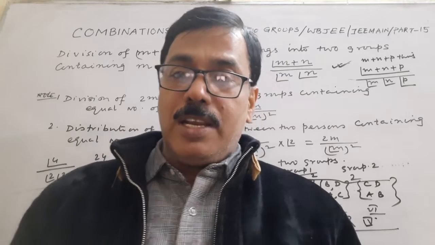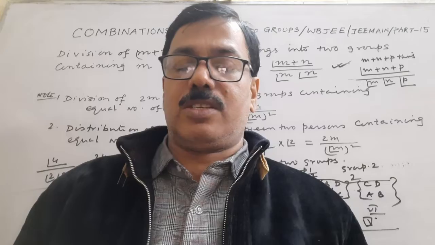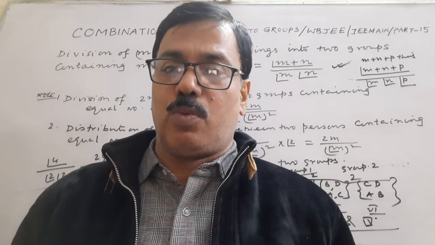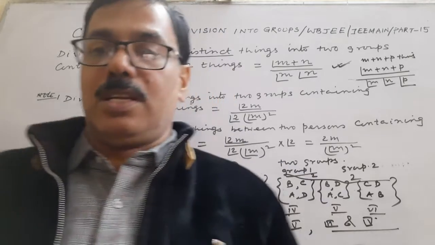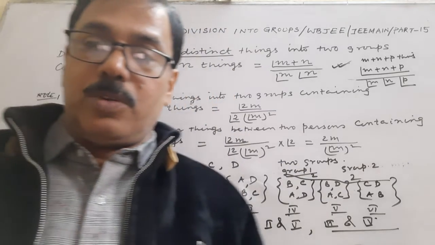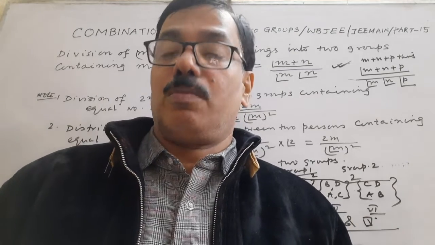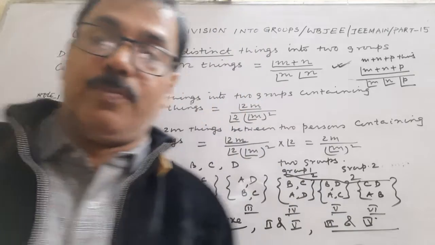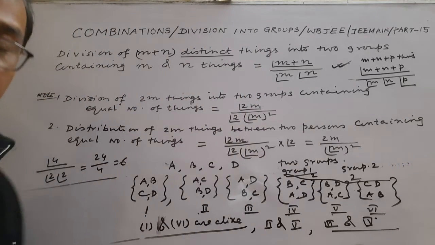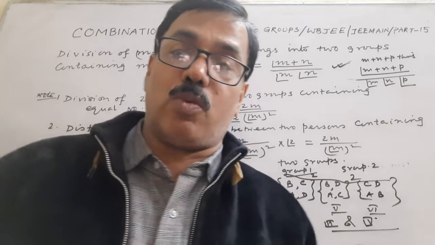Similarly, if we divide different things into 3 groups containing equal number of things, then factorial 3 number of groups are equal. Factorial 3 means 6 groups are alike.